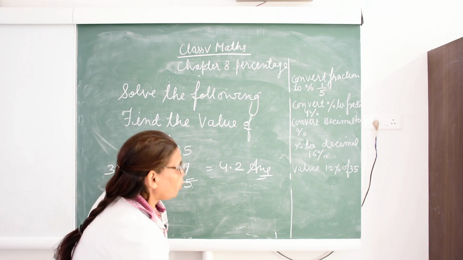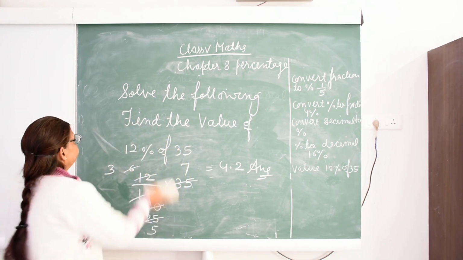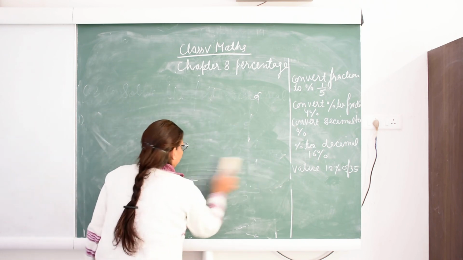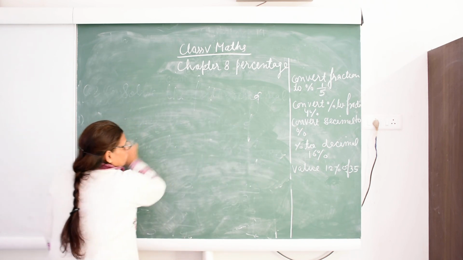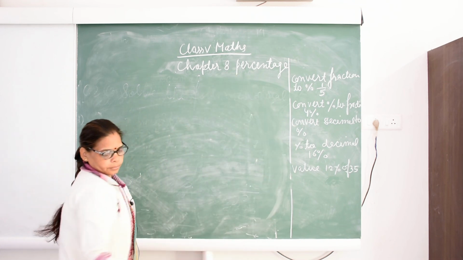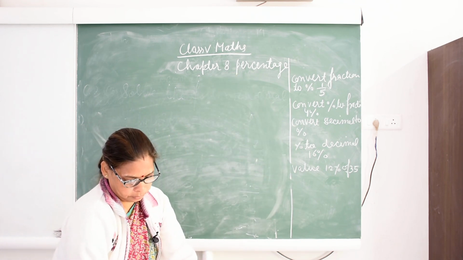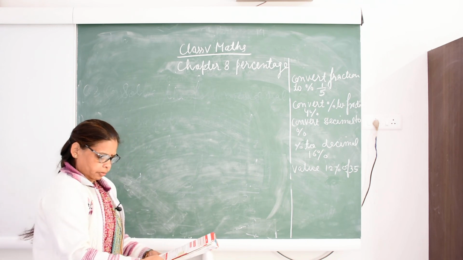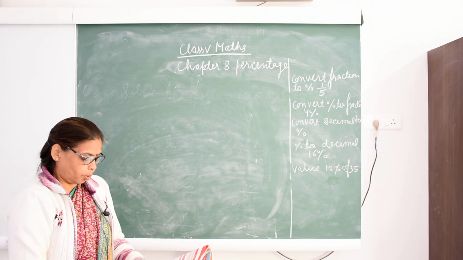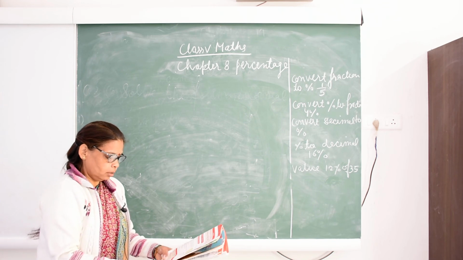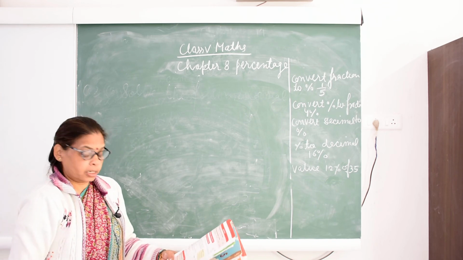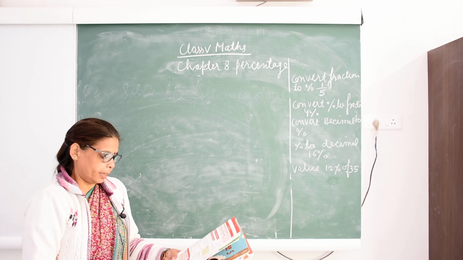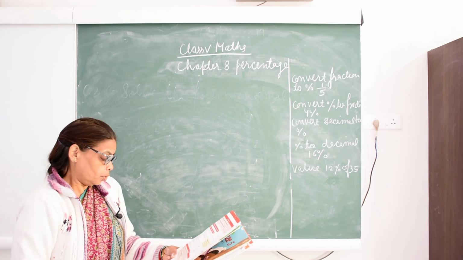Now one story problem we are getting. Now we will solve one story problem. Page number 159, exercise 8.3. In a zoo there are 160 animals, out of which 40% are reptiles. How many reptiles are there in the zoo?